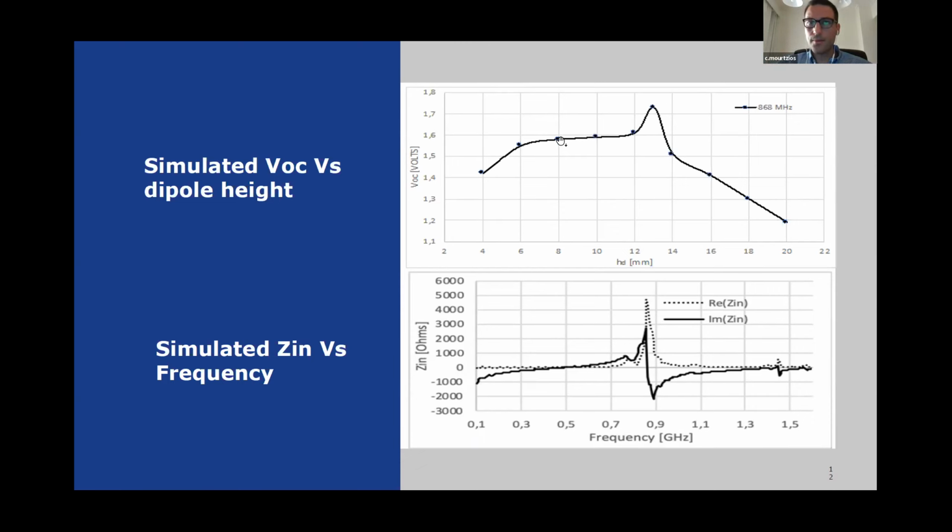Given that the incident waves at the structure were of field intensity of 1 volt per meter. So later we fed the antenna, the dipole, in order to extract the input impedance versus the frequency. These are the results at the center frequency of 868 megahertz.